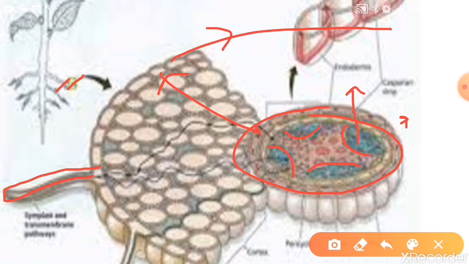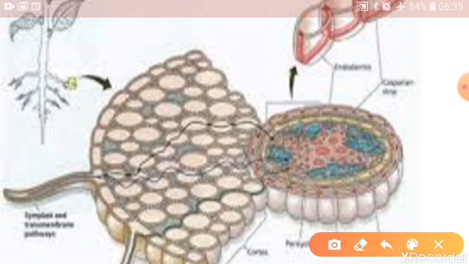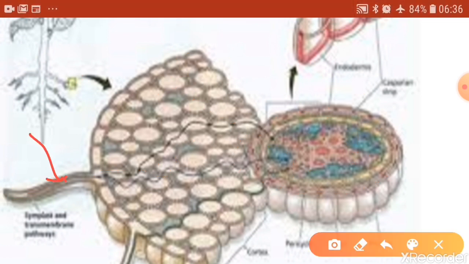You've learned in class 9 that the xylem vessels are all interconnected. So water is absorbed by the root hairs and then it moves to the interior by osmosis, crossing the cells of the cortex, and finally it reaches the xylem vessels.